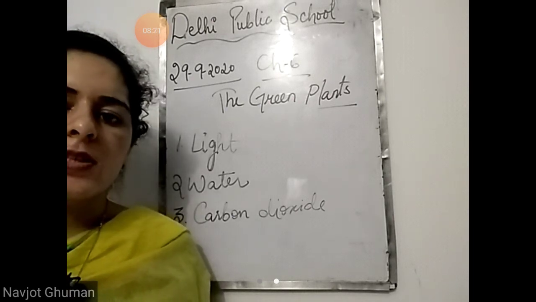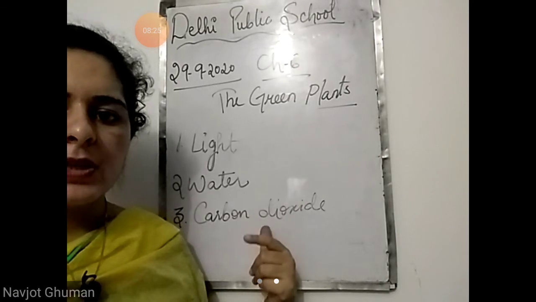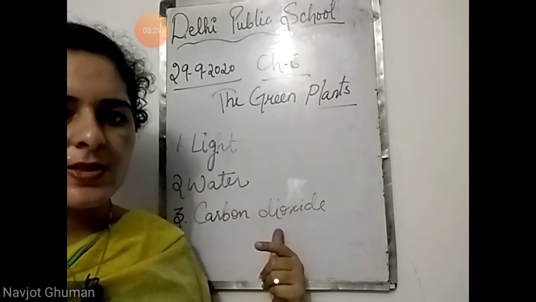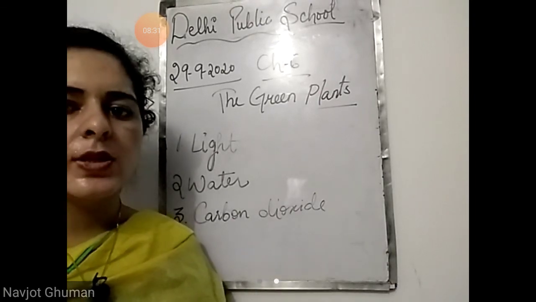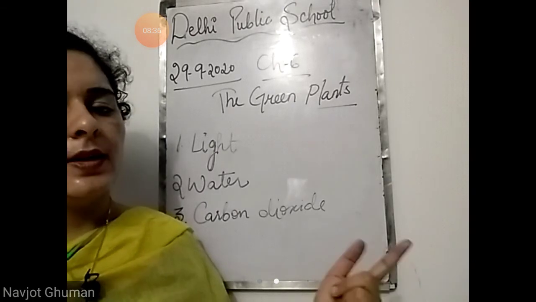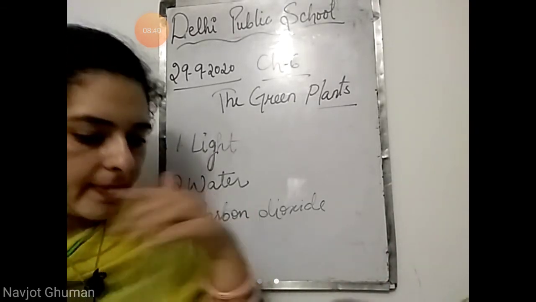Then oxygen is given out through the stomata. Before the preparation, जब preparation होती है फूड की, carbon dioxide is taken in, and when the food is totally prepared, then oxygen is given out. Oxygen वो, then that oxygen we will take and animals will also take.